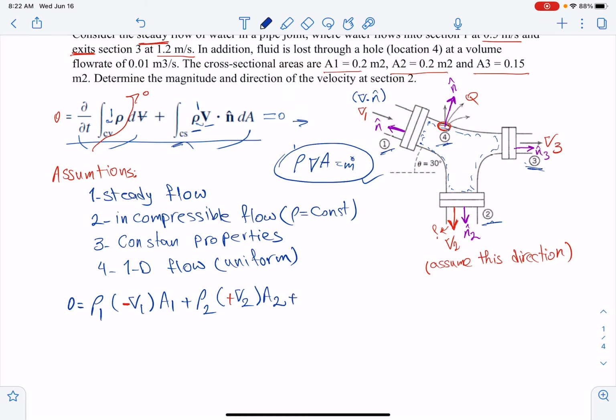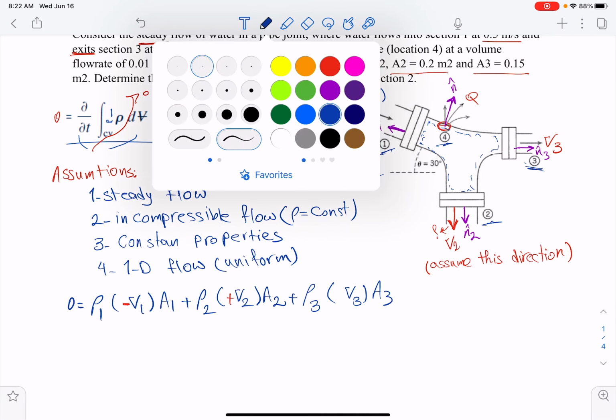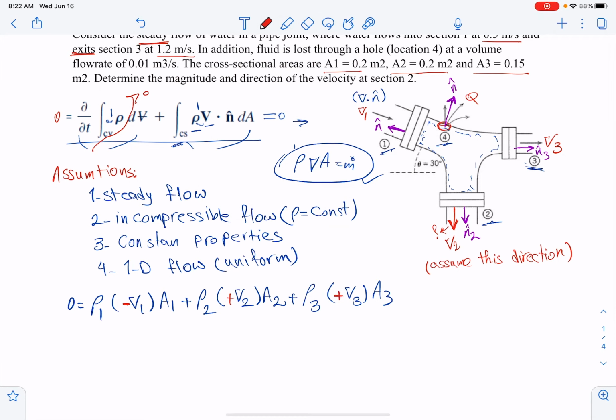Now on section 3 we have rho 3, v3, and a3. So here it should be positive again because it's coming out of the flow, so it's flow out, right?